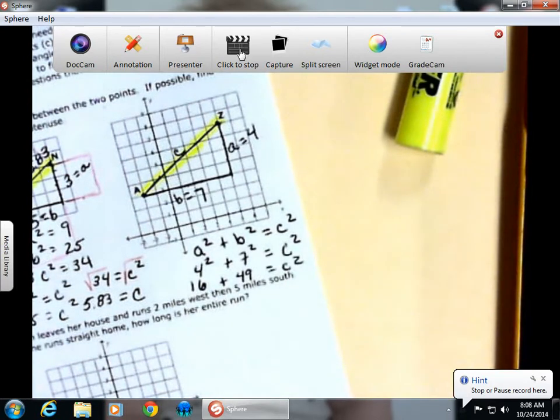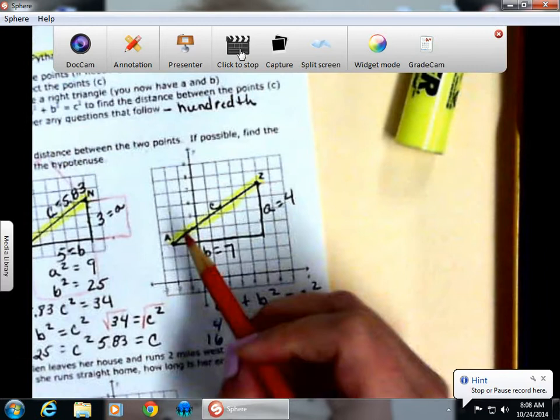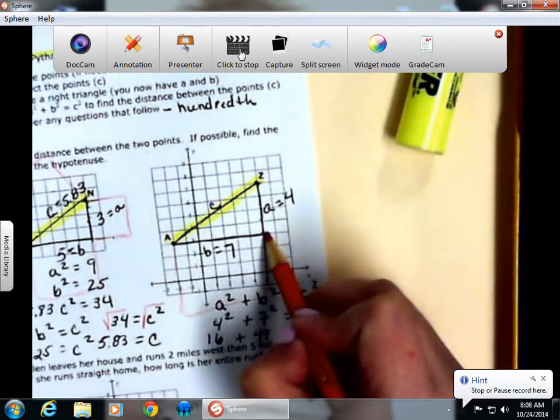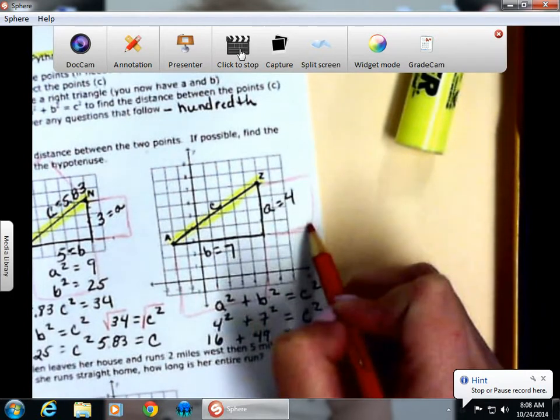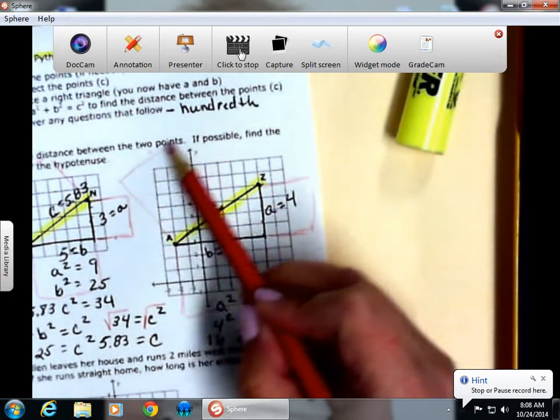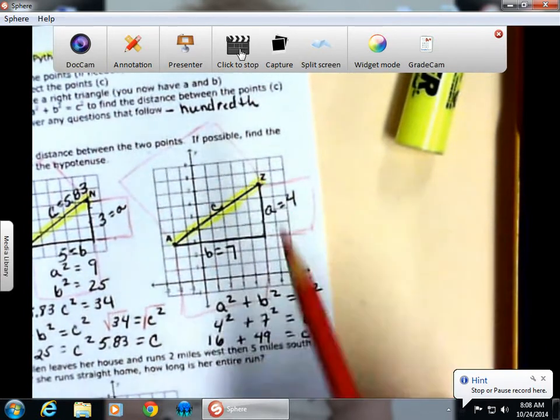So remember, we take the square of B, take the square of A, add them together, and we get the square of C. So 16 plus 49 is equal to C squared.